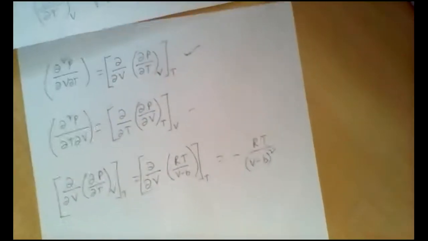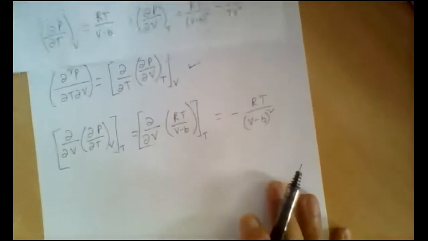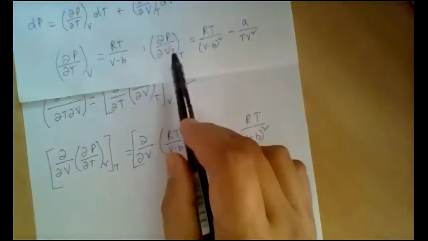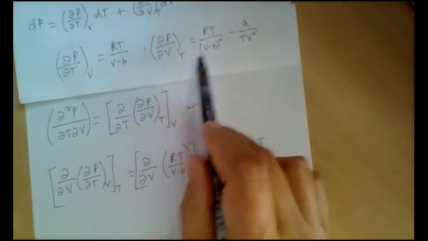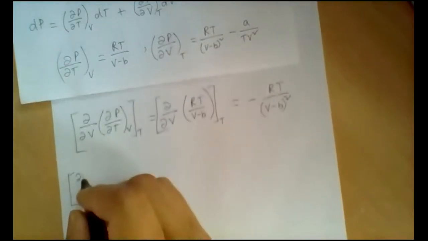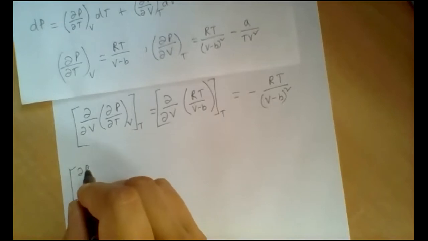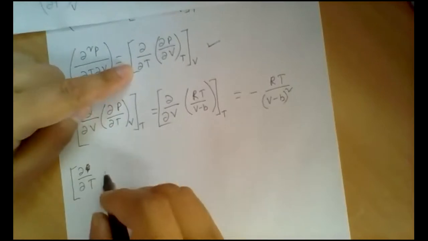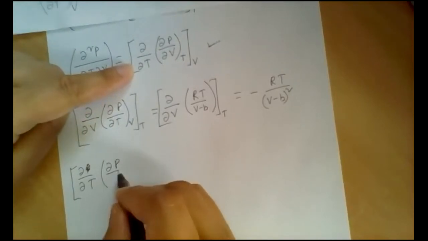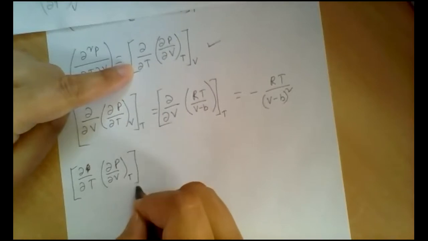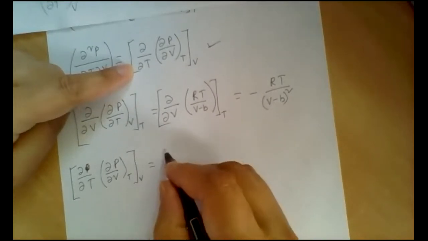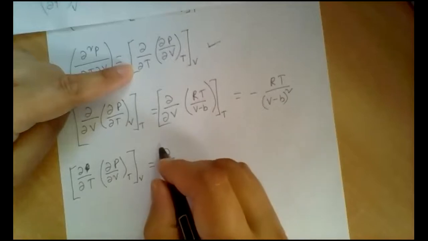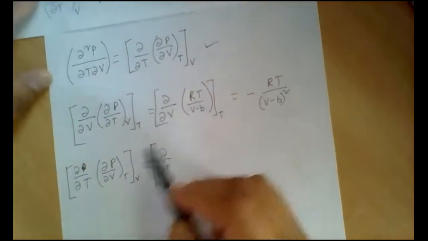Now let us calculate this expression. Del P by del V at constant temperature. Let us calculate del by del T of del P by del V, at constant volume. What is del P by del V?